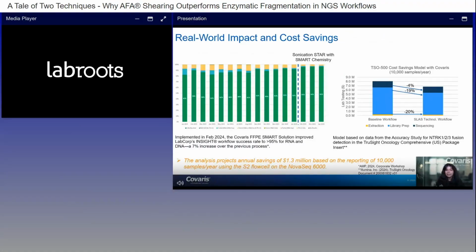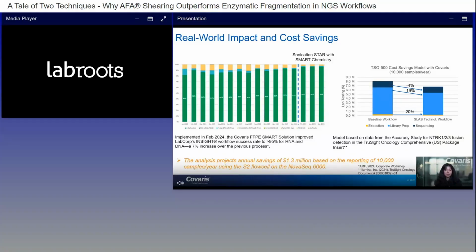And you can really see the impact of this quality when looking at case studies from real labs. So here we have data from LabCorp showing the results of their in-house tumor profiling tests, both before and after implementing Covaris workflows. And what we can see is that prior to incorporating Covaris FFPE workflows, full report rates were as low as 82% some months, meaning that up to 18% of patients were not able to receive full profiling from their tumor samples.